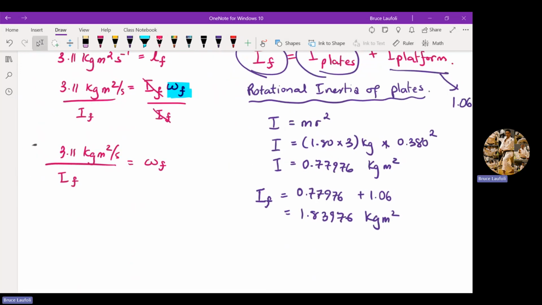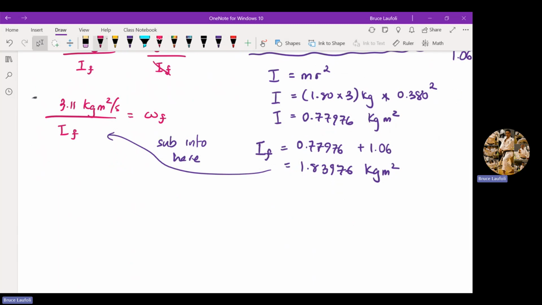Essentially what we have to do there is just substitute into here. That should get us 3.11 divided by 1.83976.